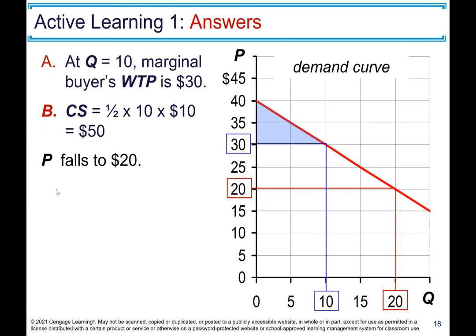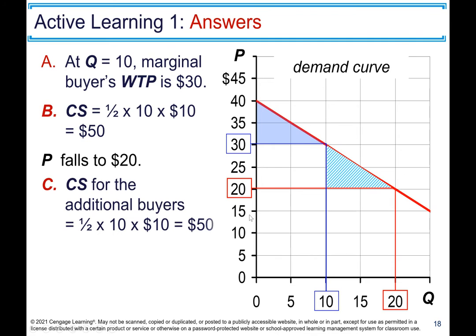If the price falls from 30 to 20, consider consumer surplus for additional buyers. There will be more people getting into the market. More people will be out there buying t-shirts. So consumer surplus for the additional buyers will be 1/2 times 10 times 10, which is equal to 50.